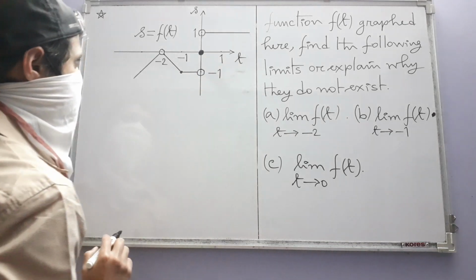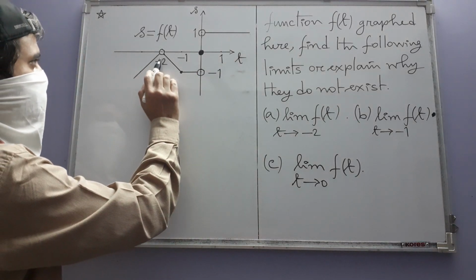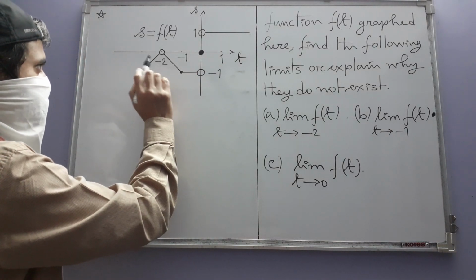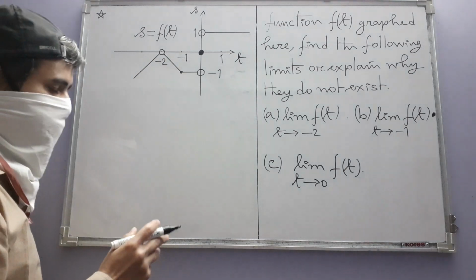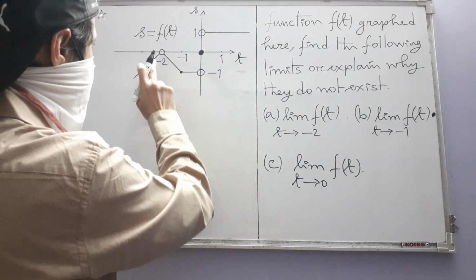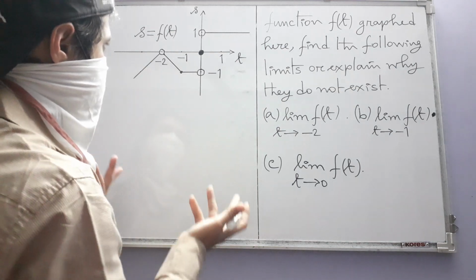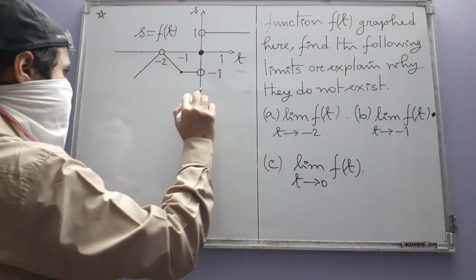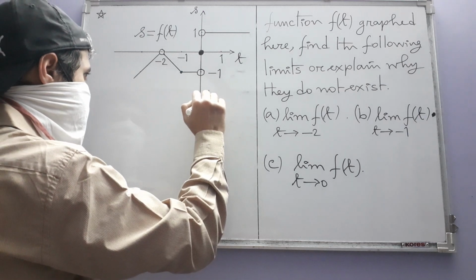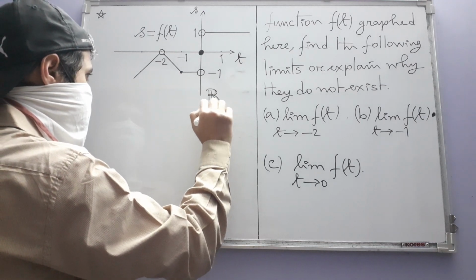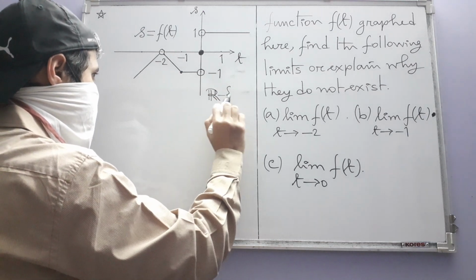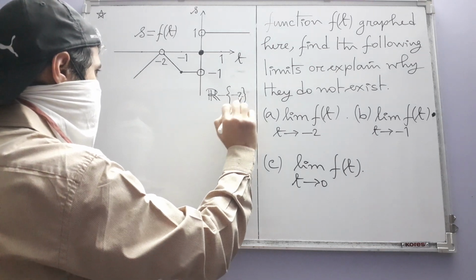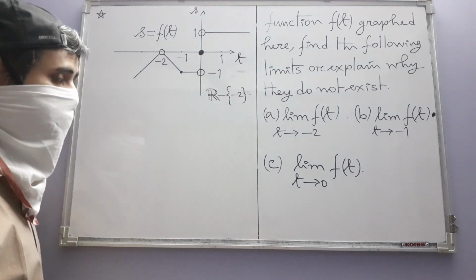One point is missing from the domain, that is -2. When our input is -2, which actually is not an input, no output is specified. So in this case, the domain of the function is the set of real numbers from which -2 has been removed.